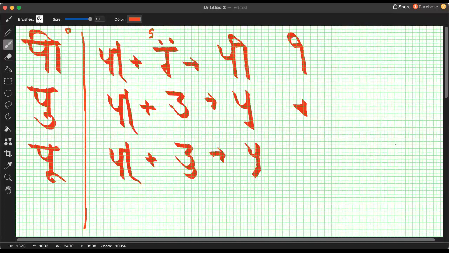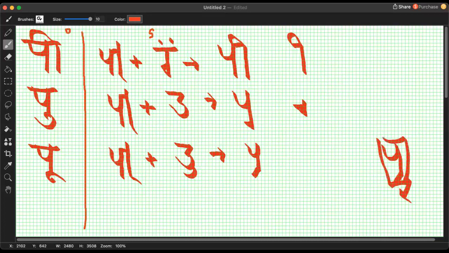So if this is the alphabet, you will just extend it like this towards down this direction, and make sure you keep this line within the framework of this alphabet. This is the matra for Pu.